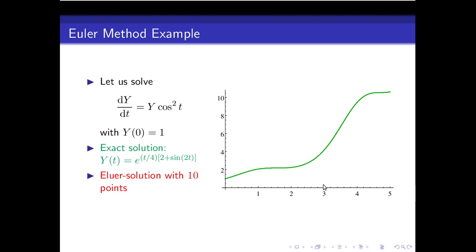We will divide this total interval into 10 parts, so h is 0.5. Then we'll compare this with another Euler solution, but with an increased number of points, let's say now 50 points, so we will divide the interval into 50 parts. So let's see first how the Euler solution with 10 points goes.